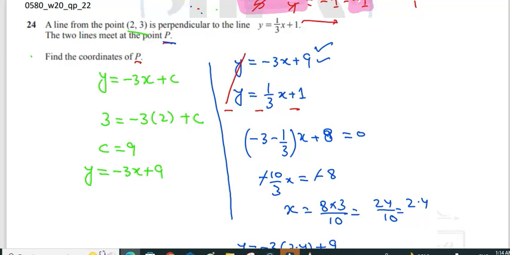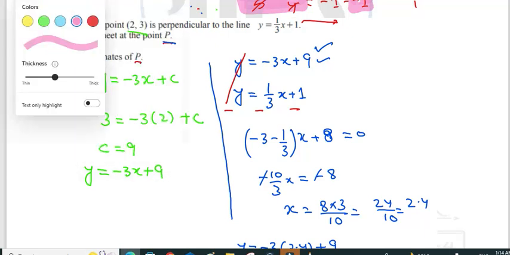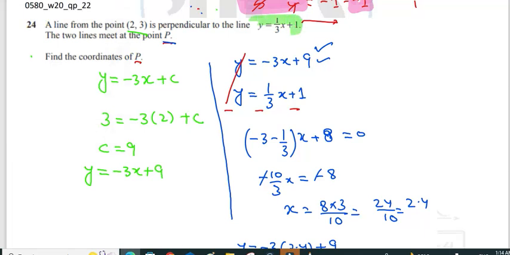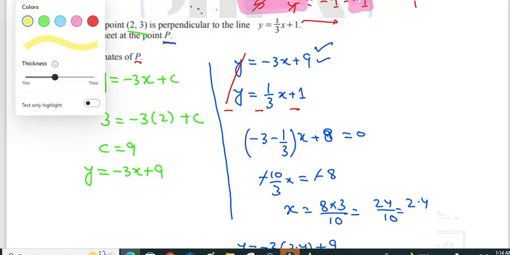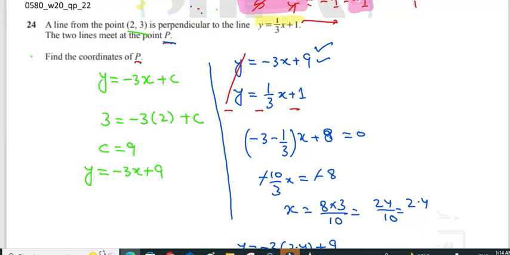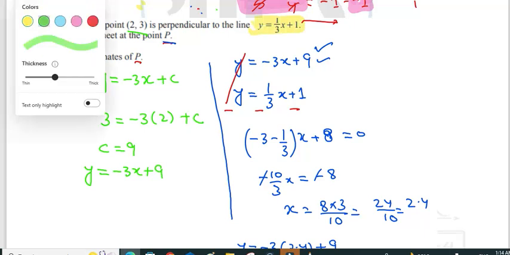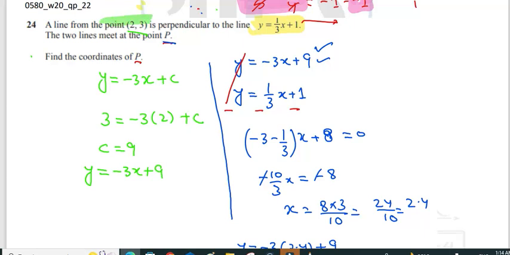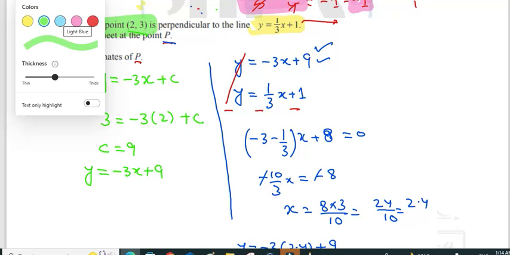So let me take this line as the yellow line, and the required line which is passing through this point is the green line. This is just a color code to make you understand what is happening here.